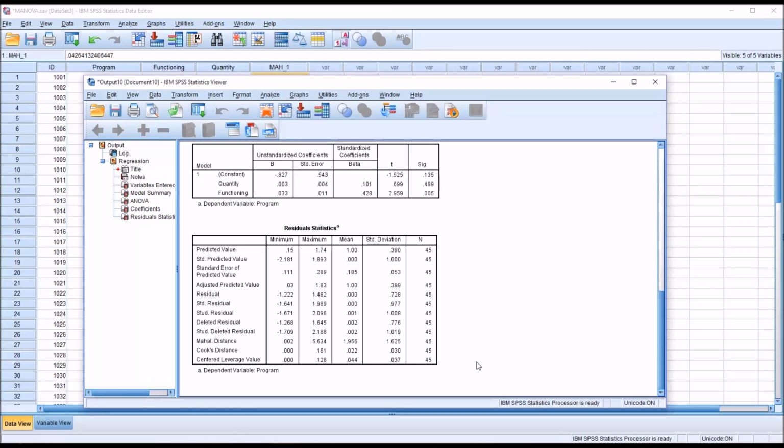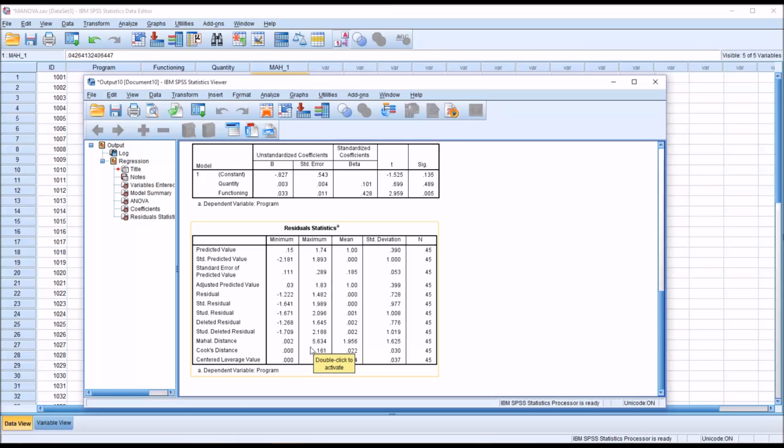That would be the maximum value. Anything above that would be an outlier. For three dependent variables, it's 16.27. So here we have two dependent variables, so we know it's 13.82, and we can see that we do not have any values that exceed 13.82.